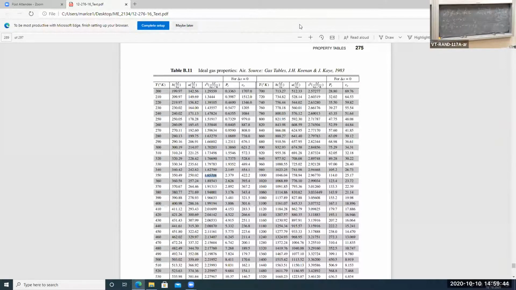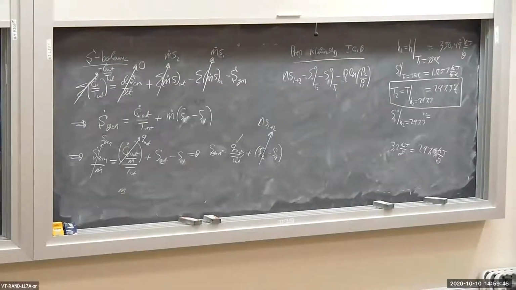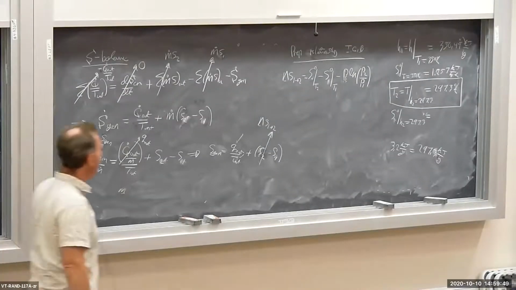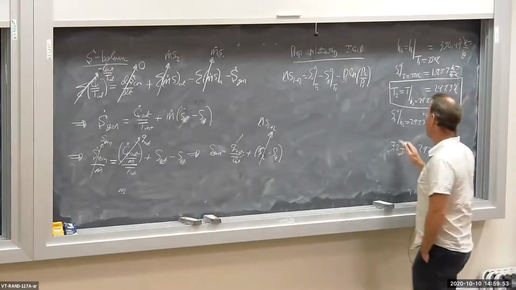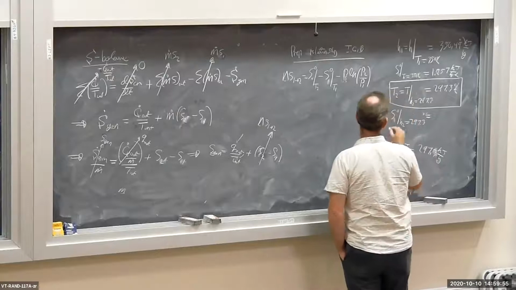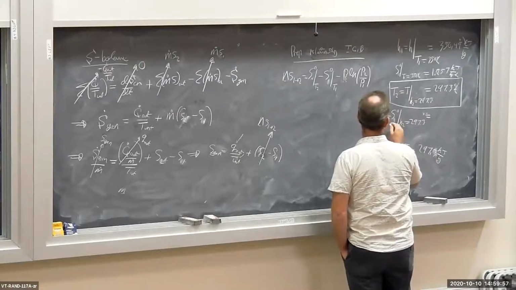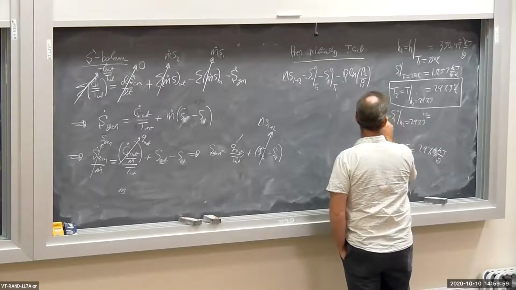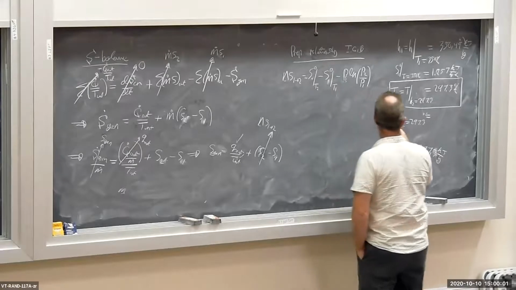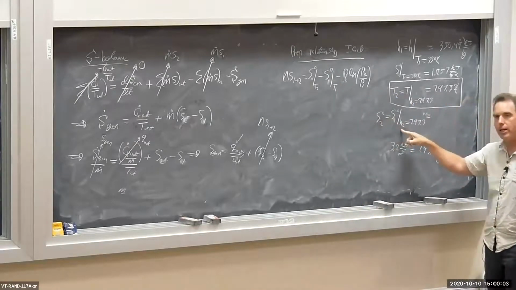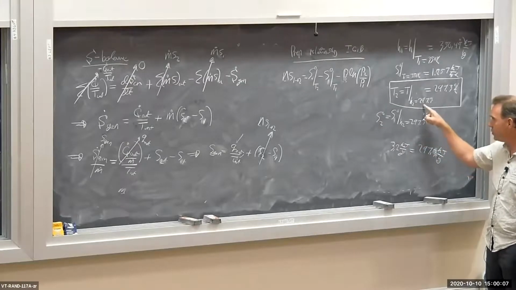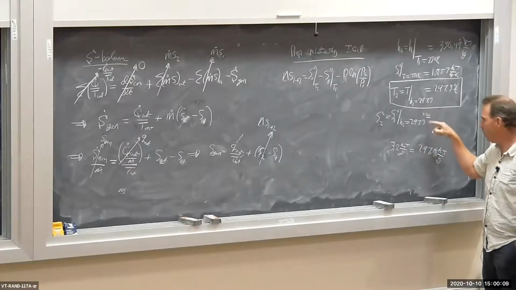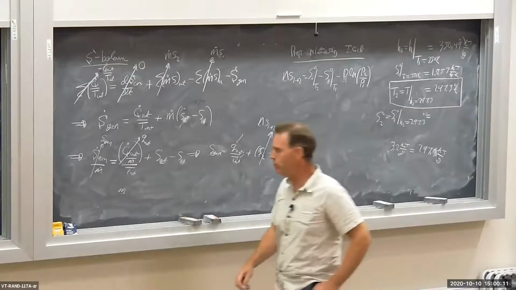So we have S naught at state 1, which was at 350 degrees, and S naught at state 2 is S naught evaluated at a specific enthalpy of 297, which is what we calculated from the energy balance.